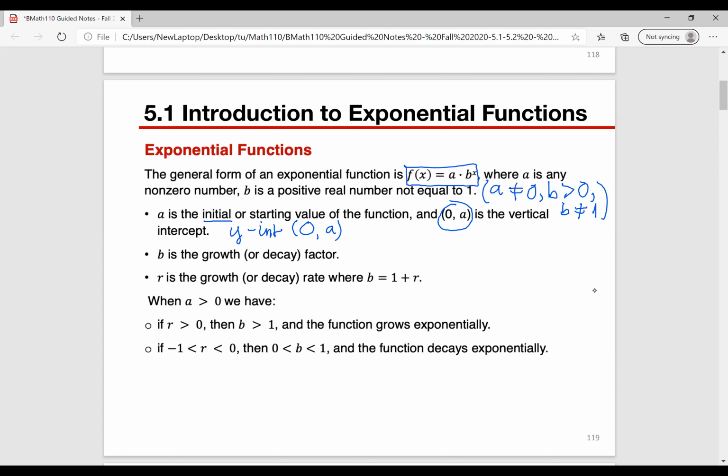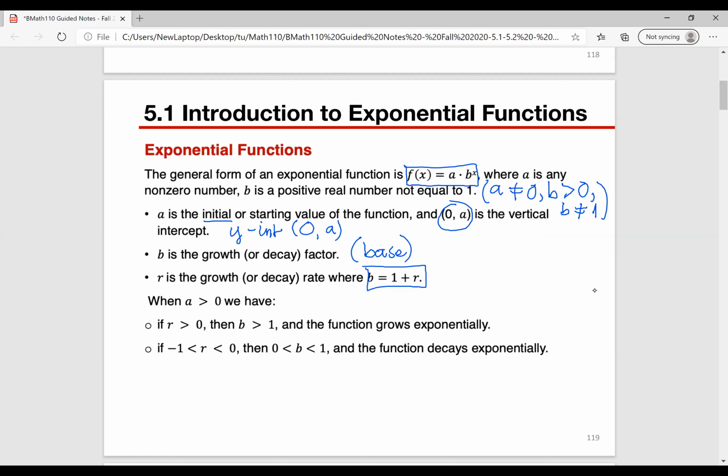And b is the growth or decay factor. Sometimes it could be decay, sometimes growth, and they call b the growth or decay factor, or also someone calls it the base of the exponential function. Okay. And r is the growth or decay rate. The relationship between r and b is b equals 1 plus r.